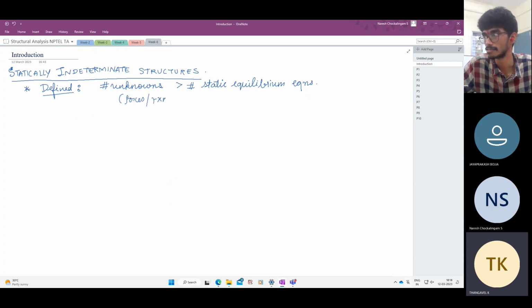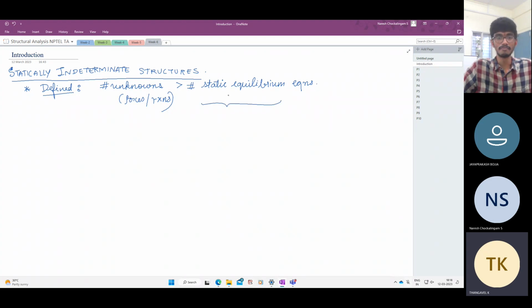In most civil engineering structures, the number of internal forces or reactions which are unknown a priori is greater than the number of static equilibrium equations that are available to solve the problem. So in this case, these alone are not enough to solve the problem. We need something more. So such structures are called statically indeterminate structures.